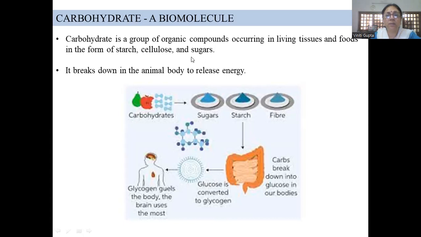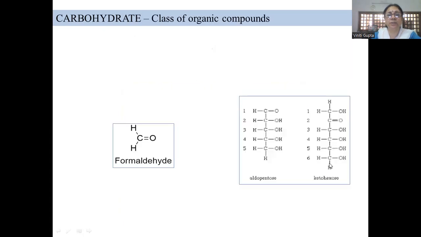So primarily in plants, we find carbohydrates. And we consume plants, autotrophs, and then in the animal body, it breaks down to release energy.